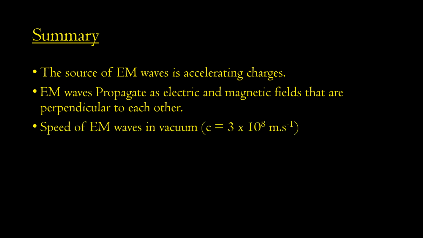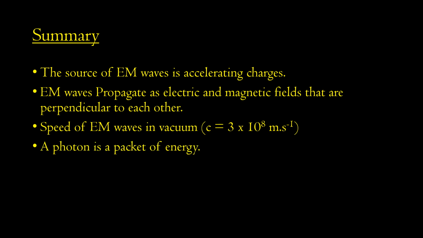We've also learned that the speed of electromagnetic waves in vacuum is equal to c, which is 3 multiplied by 10 raised to the power of 8 meters per second.